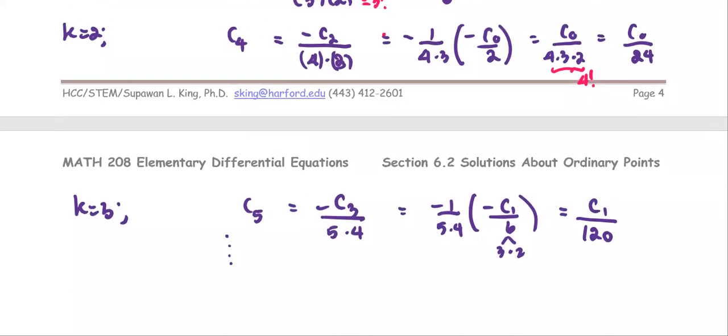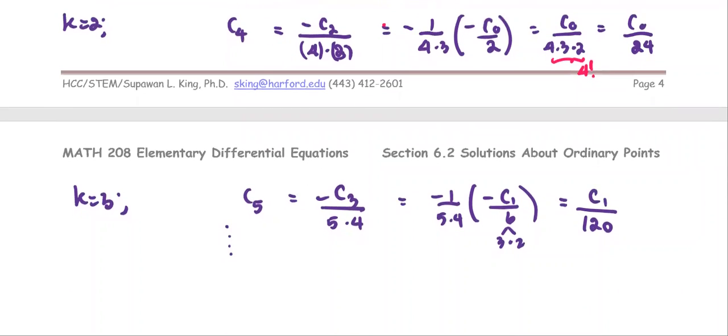In a similar way, the denominator of C5 is 5 times 4 times 3 times 2, which is 120, or 5 factorial. As we recognize the pattern, it's easier to write the solution form after we obtain all the terms or the coefficients.